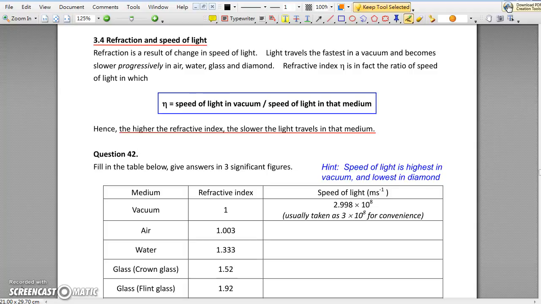Let me show you how to find the speed of light in water. We have the refractive index of water to be 1.333, and that equals the speed of light in vacuum, which is 3 times 10 to the power 8, over the speed of light in water, which is v here. And using your calculator, you can easily find it to be 2.25 times 10 to the power 8 meters per second.